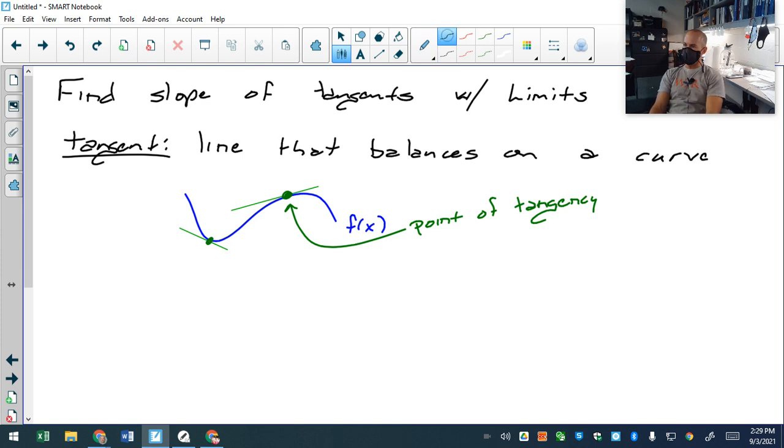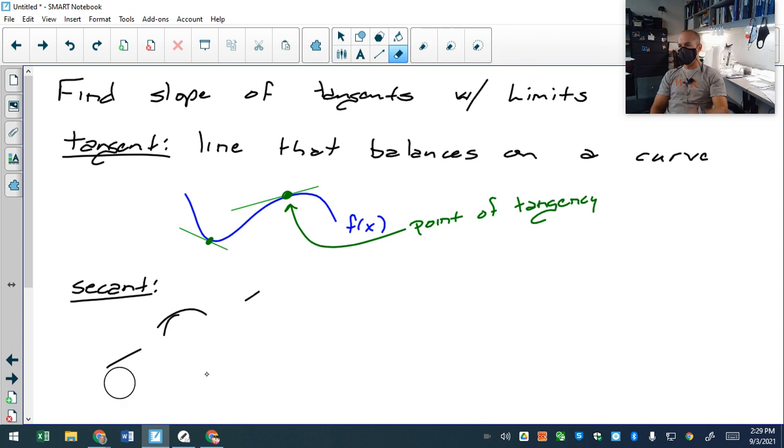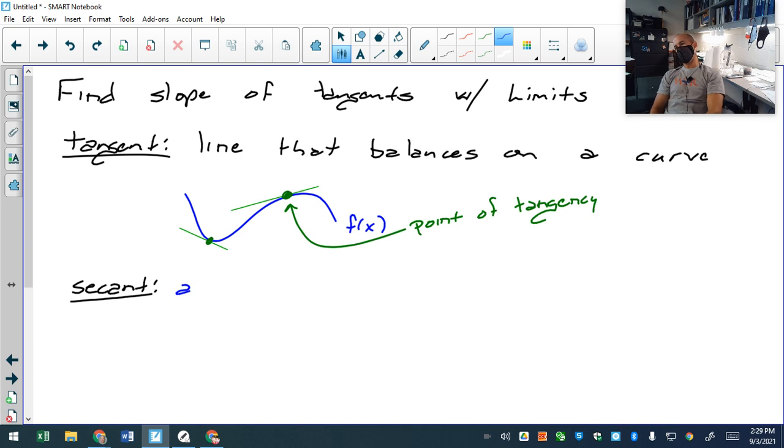There's also something called a secant. Do you remember what a secant was in geometry? A secant in geometry, don't write this down, was a circle with a line that intersected it twice. So similarly, in calculus, the secant that I'm going to reference is a line that intersects a curve twice.